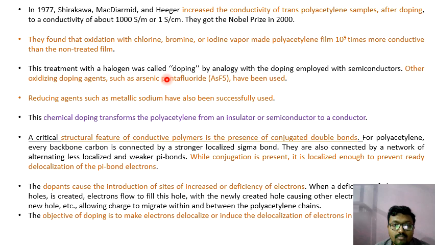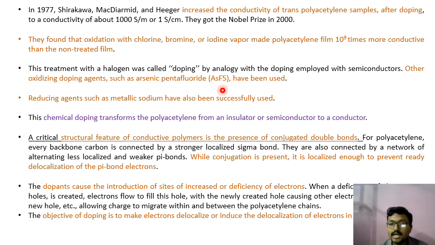Again, if we react the molecule with arsenic pentafluoride, we can see that conductivity is increased. Reducing agent like metallic sodium has also been successfully used to increase the conductivity. So this chemical, which is called dopant, is able to transform polyacetylene from insulator, semiconductor to conductor.